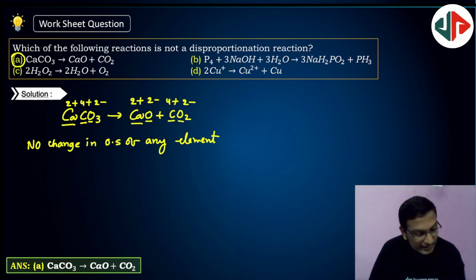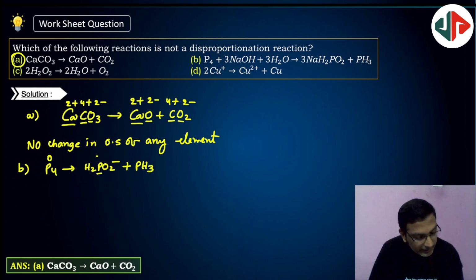If you take second option, this is A. In B option, P4 changes to H2PO2 minus plus PH3. So 0 state, here plus 1 state and here minus 3 state. Disproportionation. C option.